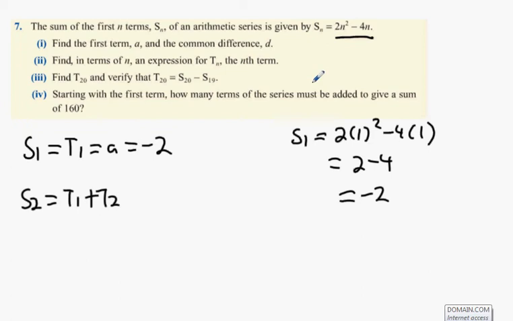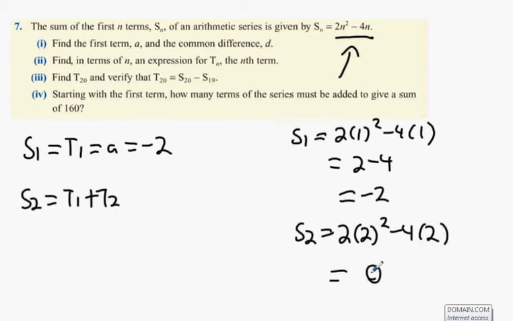How do I find out what S2 is using the formula here? We're going to find out that it's 8 minus 8, which is 0. So T1 plus T2 equals 0. What is T1 again?